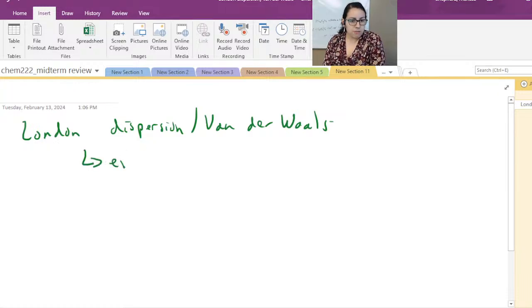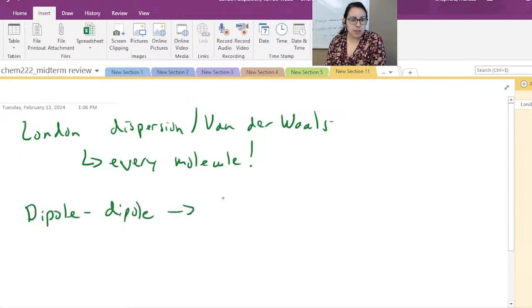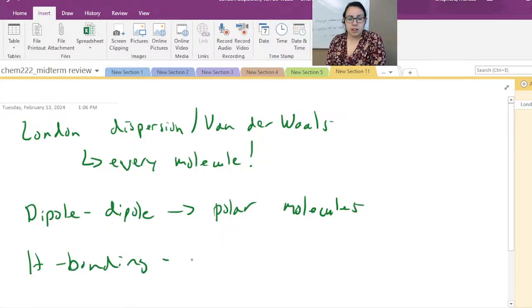These are found in every molecule, so everybody has London dispersion forces. The next strongest is the dipole-dipole interactions, but that only comes from polar molecules. Hydrogen bonding is any of the really electronegative atoms attached to a hydrogen. And hydrogen bonding is only nitrogen, oxygen, and fluorine.